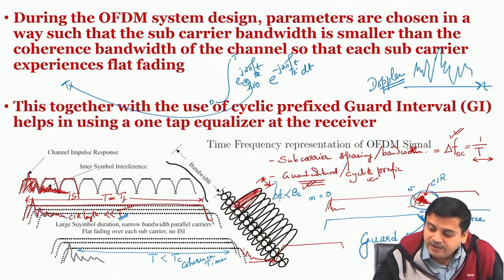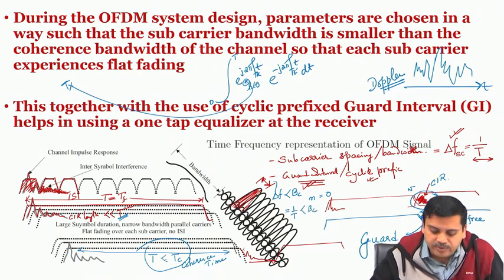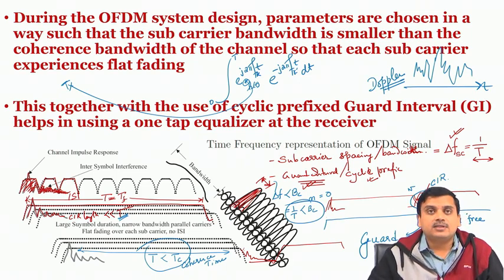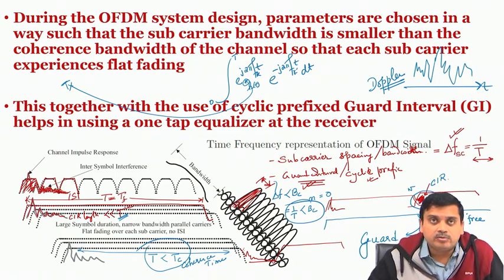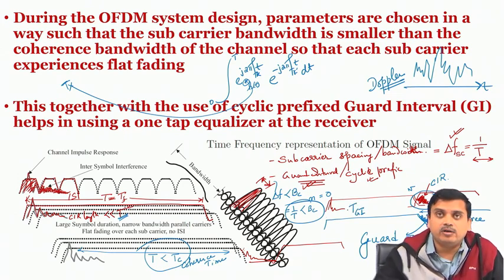Now, delta f, as you can see, is equal to 1 by T, and this is another condition. So, we have two conditions over here: 1 by T must be less than the coherence bandwidth and T must be less than T_c, or 1 by T must be less than 1 upon T_c. So, these two conditions have to be satisfied simultaneously in order to make the system work, as well as the other thing which is the T_GI, which we have been referring to while looking at the equations.